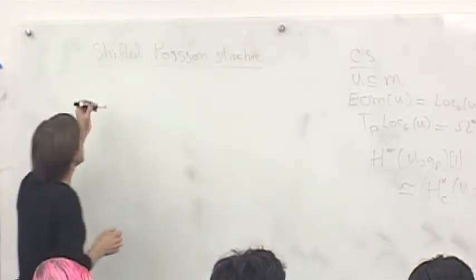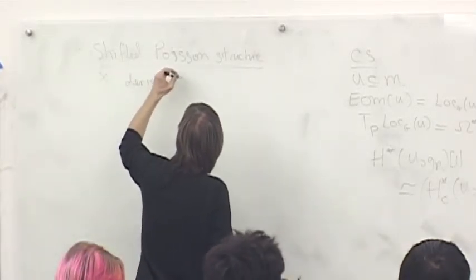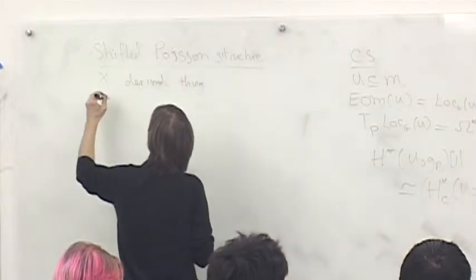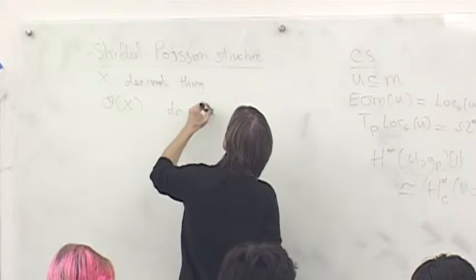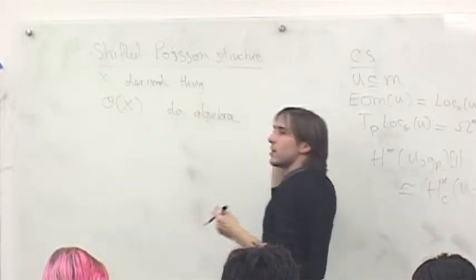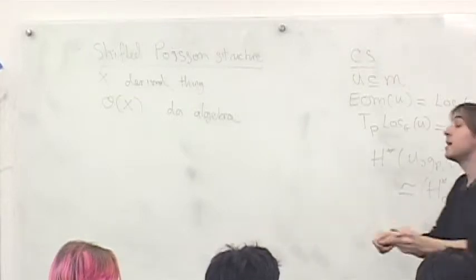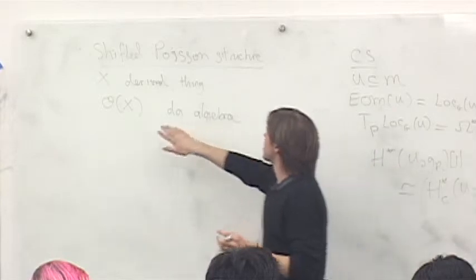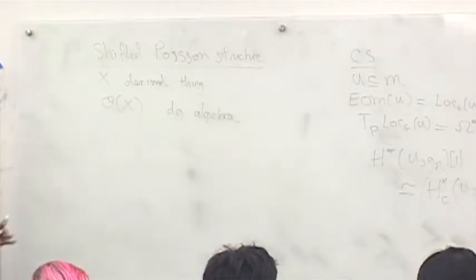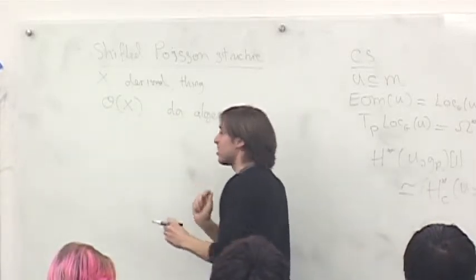If I have X as some kind of derived object, then functions on X will be a differential graded algebra. As a baby approximation to what this derived world is, you might say derived things look locally like spectra of differential graded algebras. It's not really true, but that's how people thought of this stuff in the early 90s before they learned better.